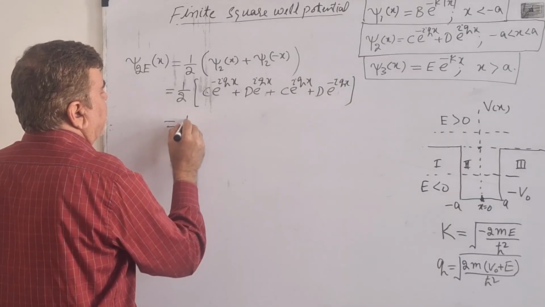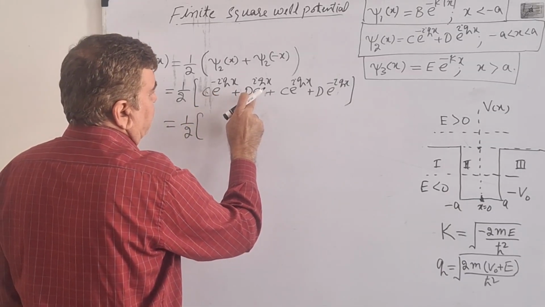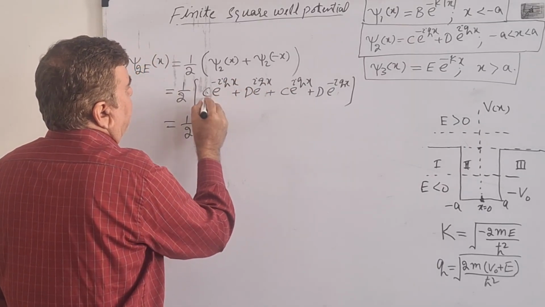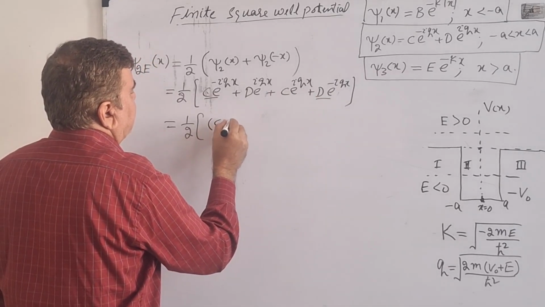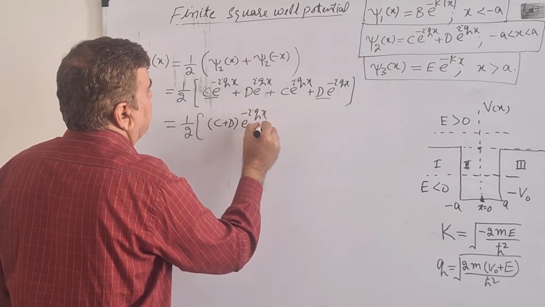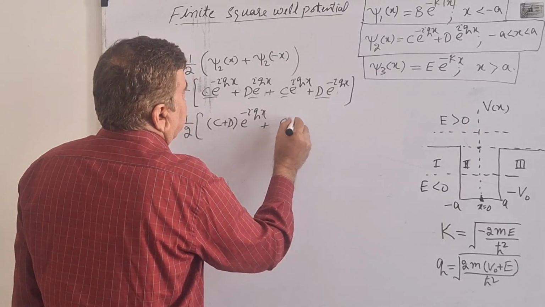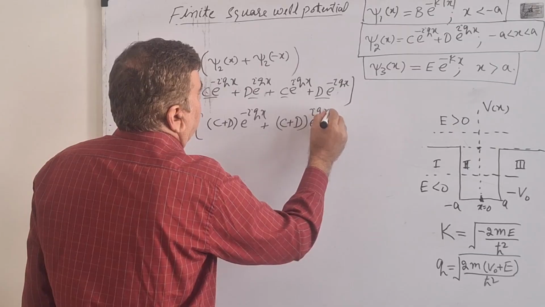And from this I can write half into, now I take the positive exponent and negative exponent together, so I combine this with this term to write this as c plus d exponent minus iota qx, and plus I combine these two to write this as c plus d exponent iota qx.